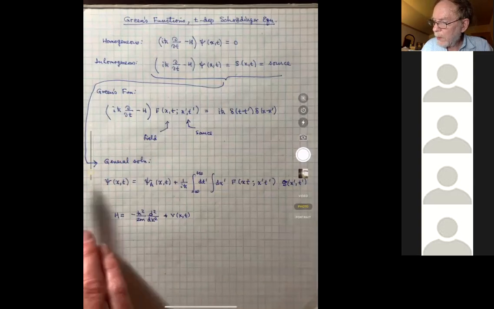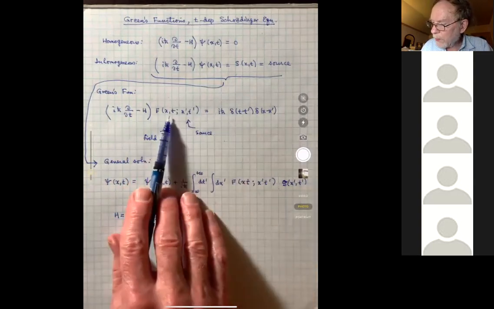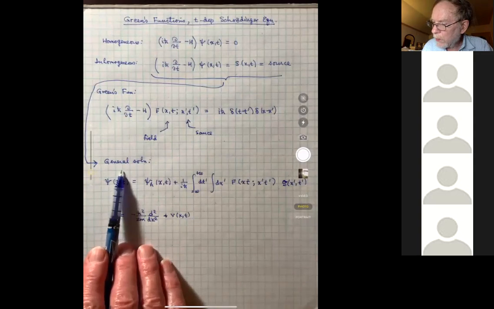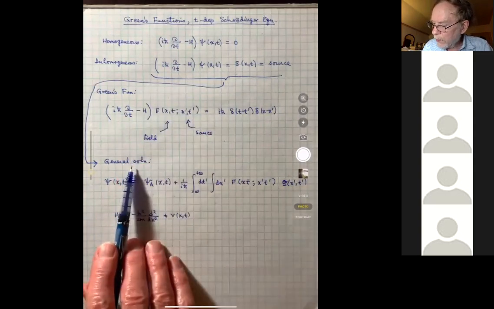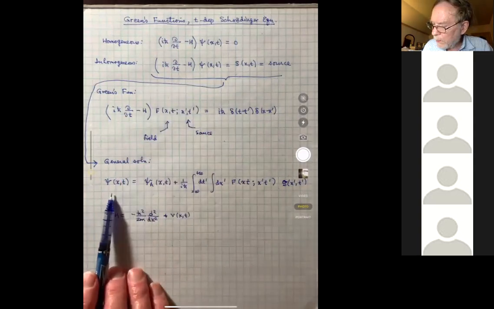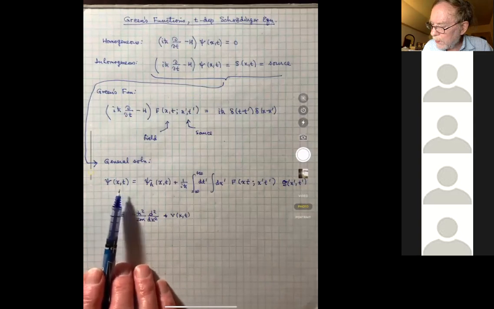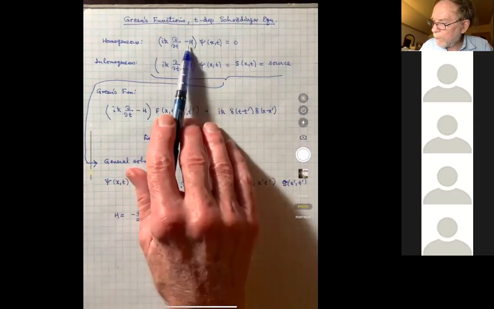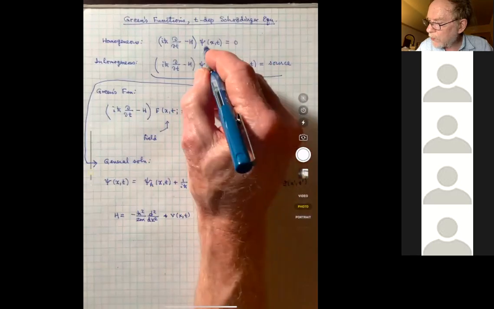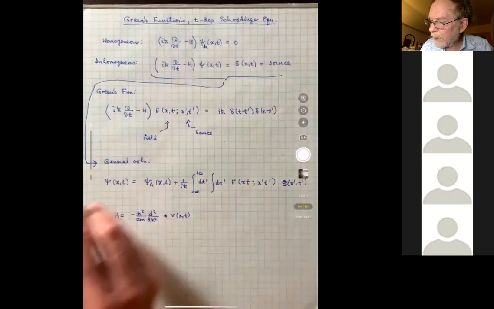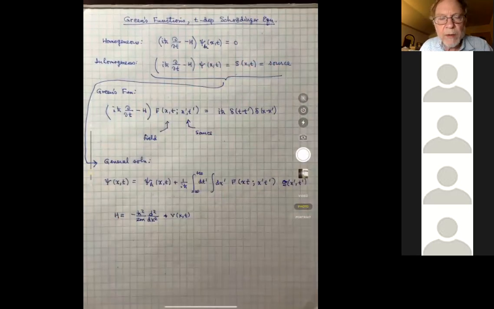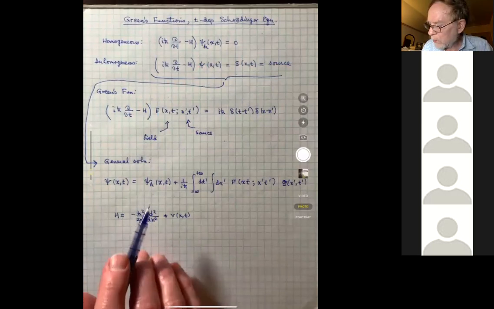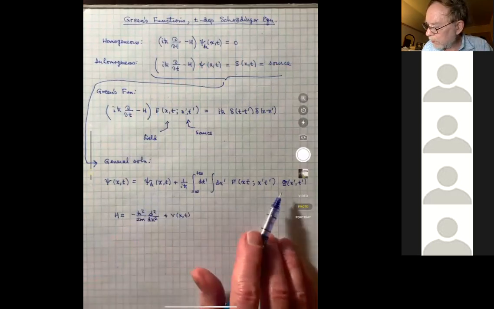If we find such a Green's function F, then the general solution of the inhomogeneous equation is given by this formula here. The solution psi of x and t is a solution of the homogeneous equation, which is what we have up here. In fact, I could put an H on this just to emphasize that that's a homogeneous solution. This is a solution of the homogeneous equation plus an integral.